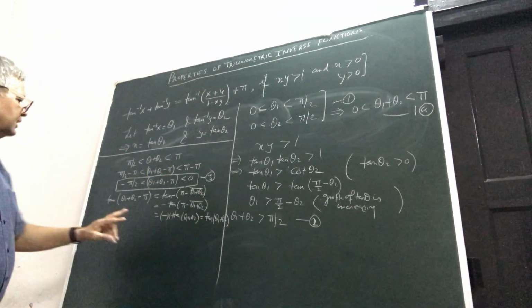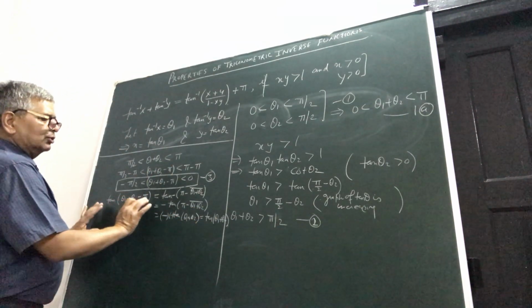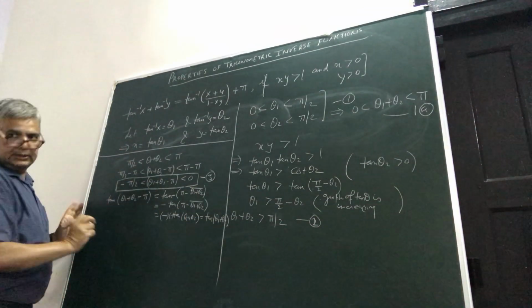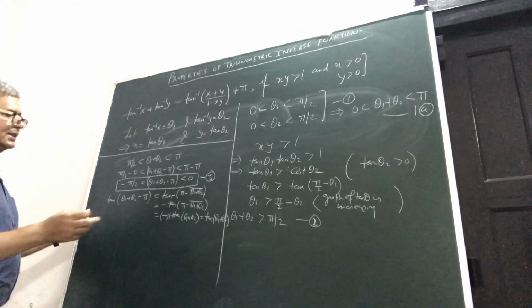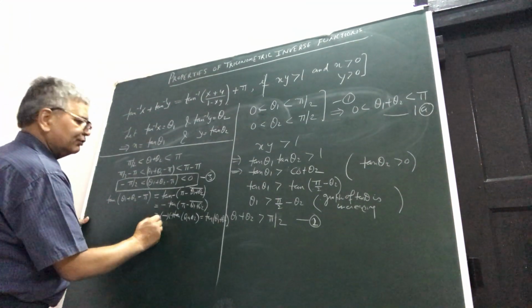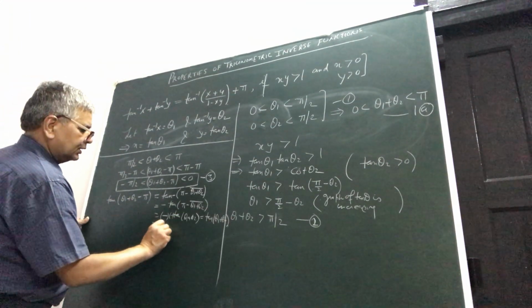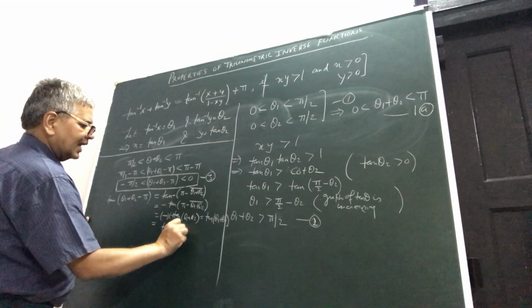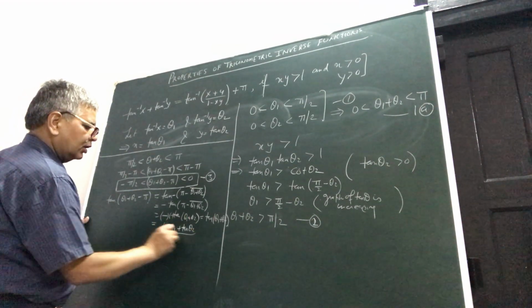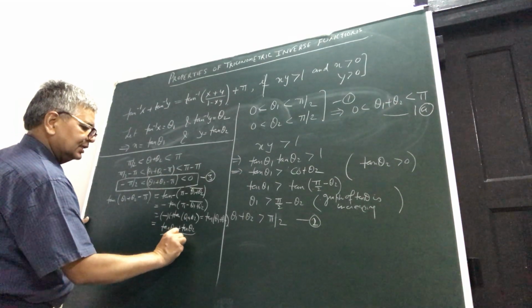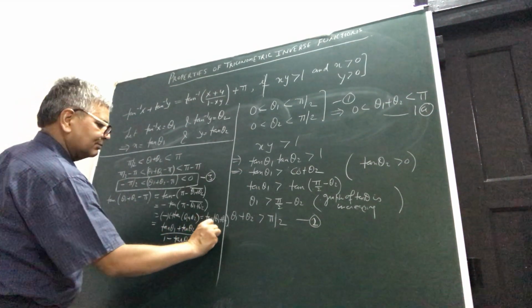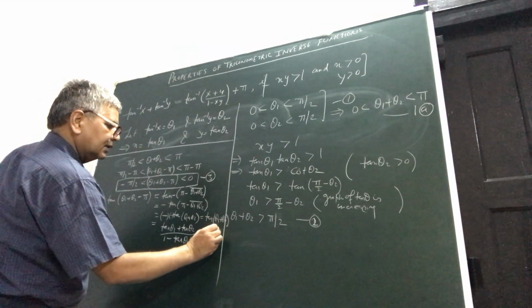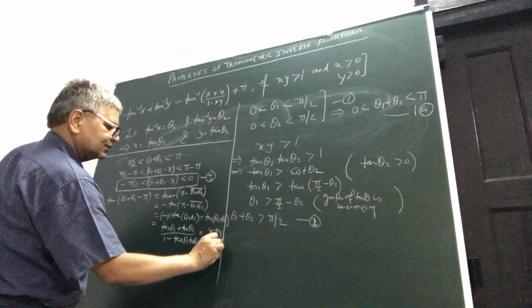What you got is that tangent of theta 1 plus theta 2 minus pi is equal to tangent of theta 1 plus theta 2. And tangent of theta 1 plus theta 2 gives tangent theta 1 plus tangent theta 2 upon 1 minus tangent theta 1 tangent theta 2, and this is nothing but x plus y upon 1 minus xy.